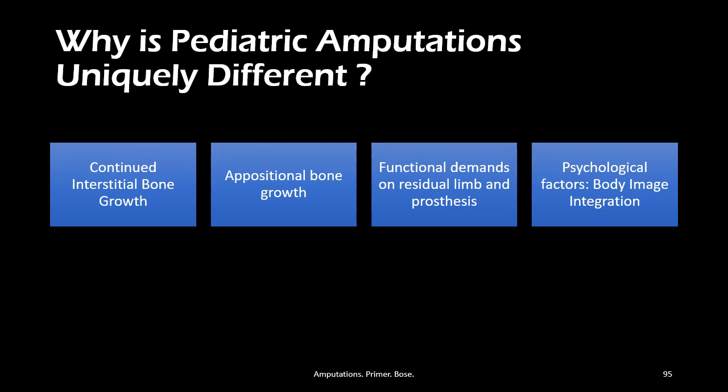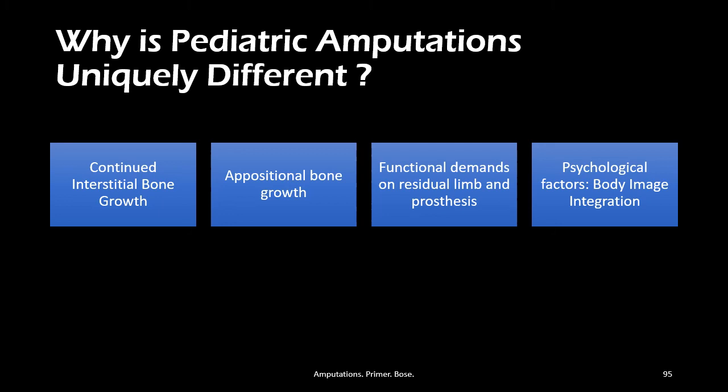The functional demands of the residual limb and prosthesis are therefore different and change with the growing child. Since body image is an integral part of the psychological growth of a child, the limb loss can be a massive challenge, but interestingly, children take to this challenge well.